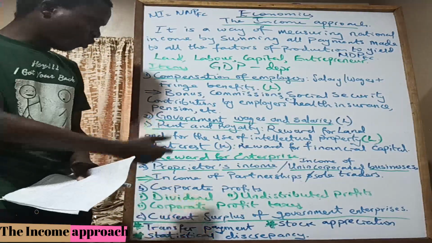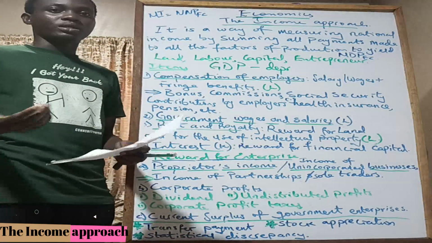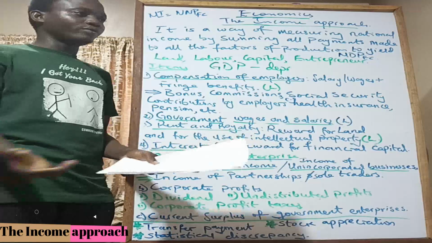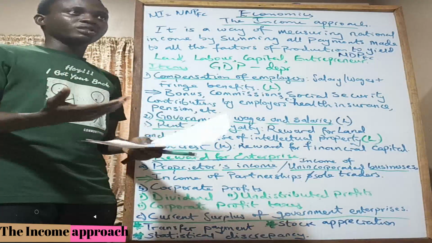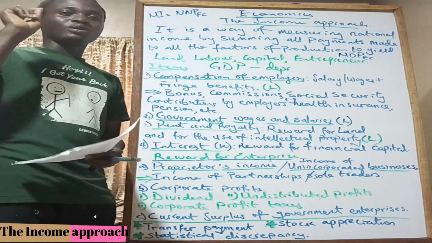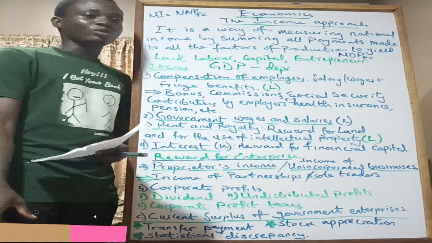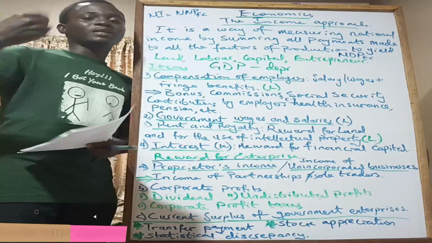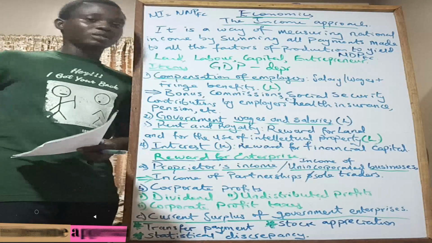So you look at this. If you have proprietor's income, or income from unincorporated businesses, that is the family name. Right. So if you already have proprietor's income, that means every business that is not incorporated, the value you have in front of your proprietor's income has already covered the rest of them. So you don't need to add proprietor's income, then add sole proprietor's income or partnership income or whatever unincorporated business's income.